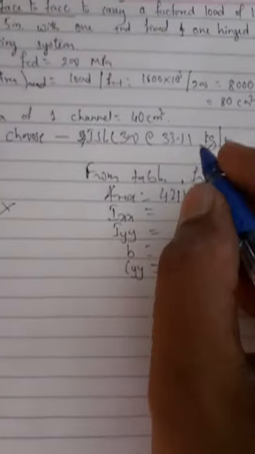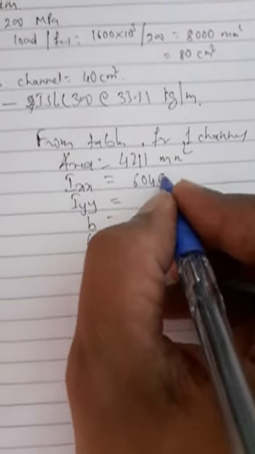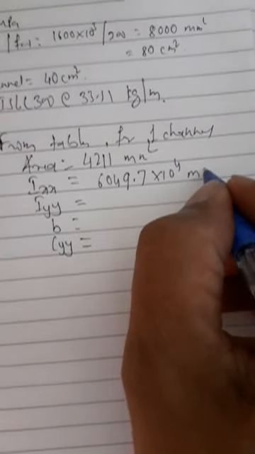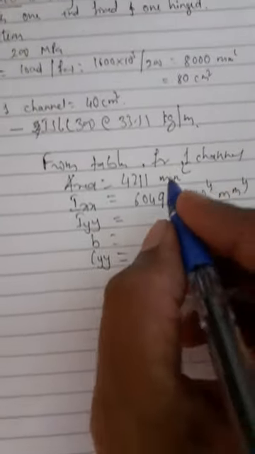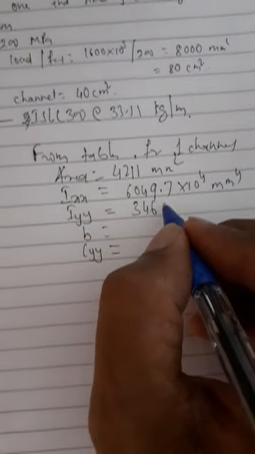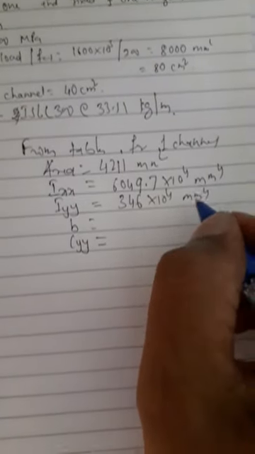So for IXX from steel table I have 6049.7 centimeter raised to 4, or 10 raised to 4 mm raised to 4. IYY is 346 centimeter raised to 4, which I will convert into 10 raised to 4 mm raised to 4.